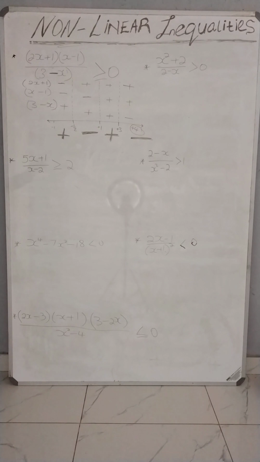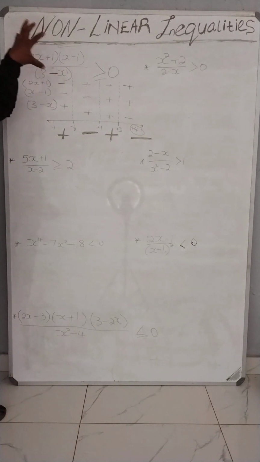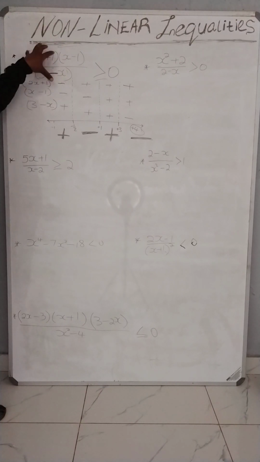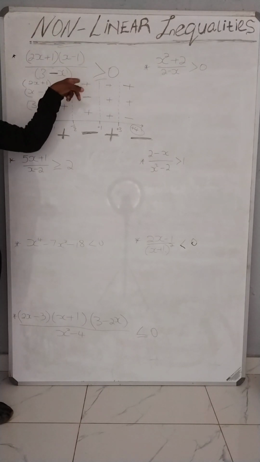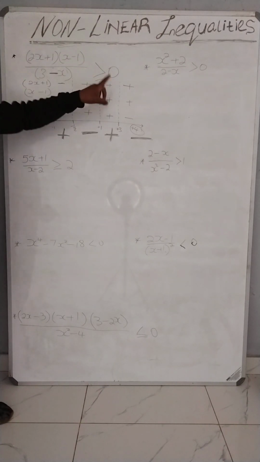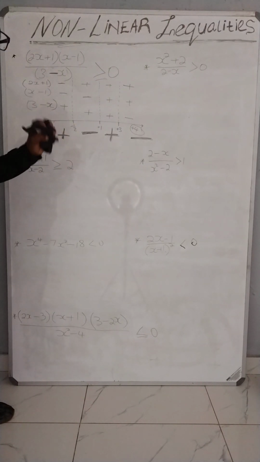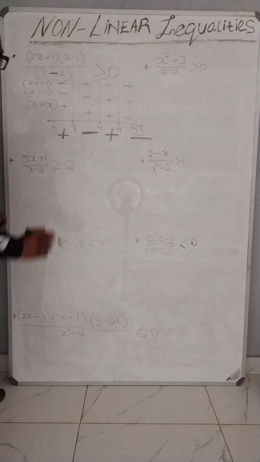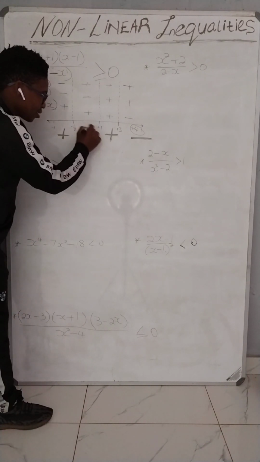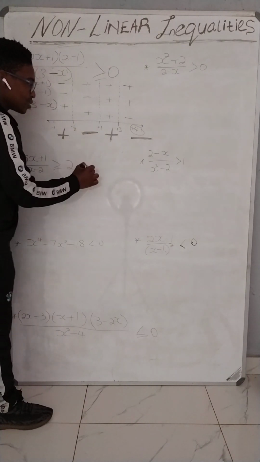But our expression must always be greater or equal to 0. If it's bigger than 0, it means it's positive. It's not negative. So it means this is not our answer.